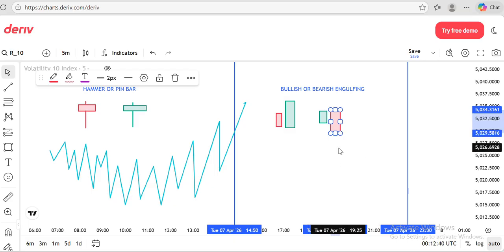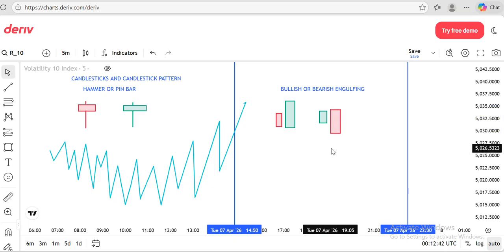So basically, these are the things you need to look out for on your chart.